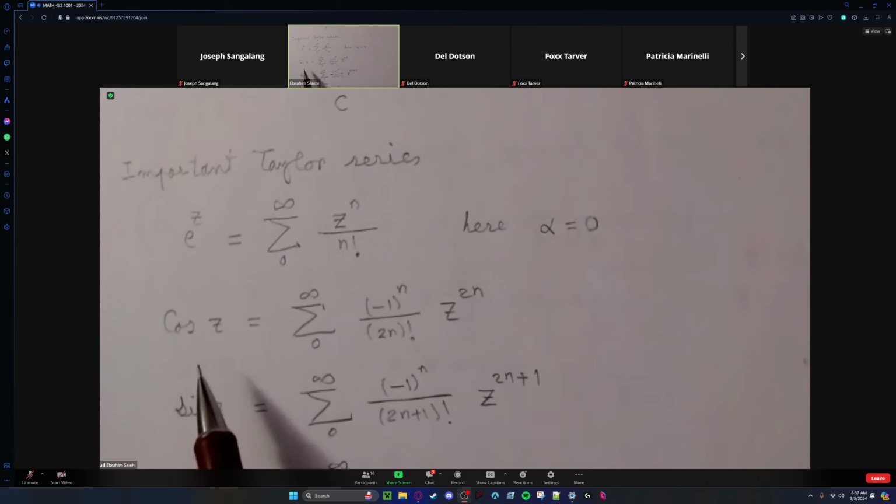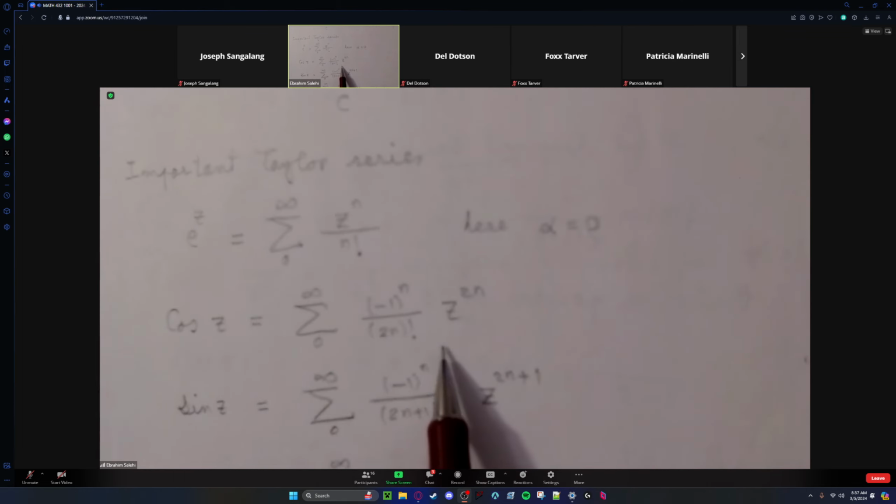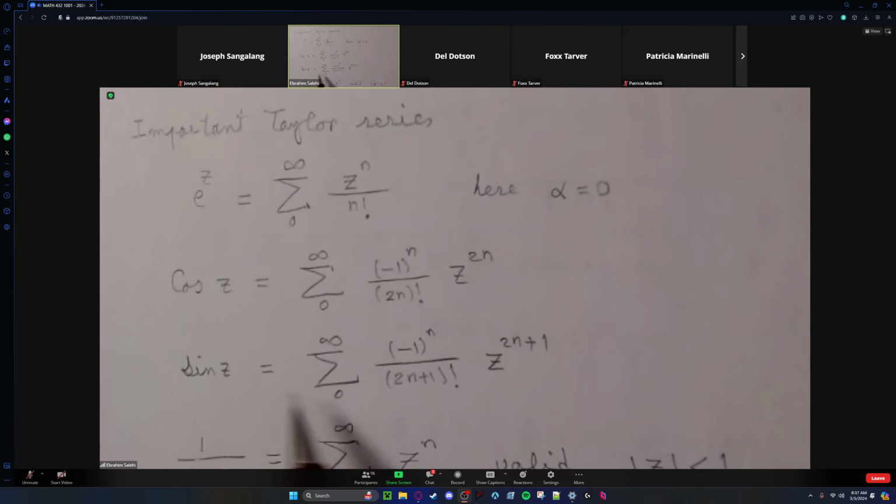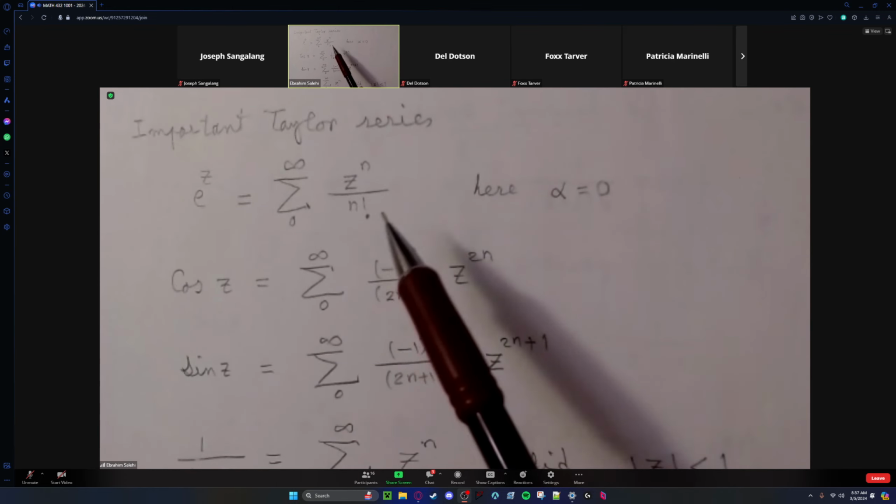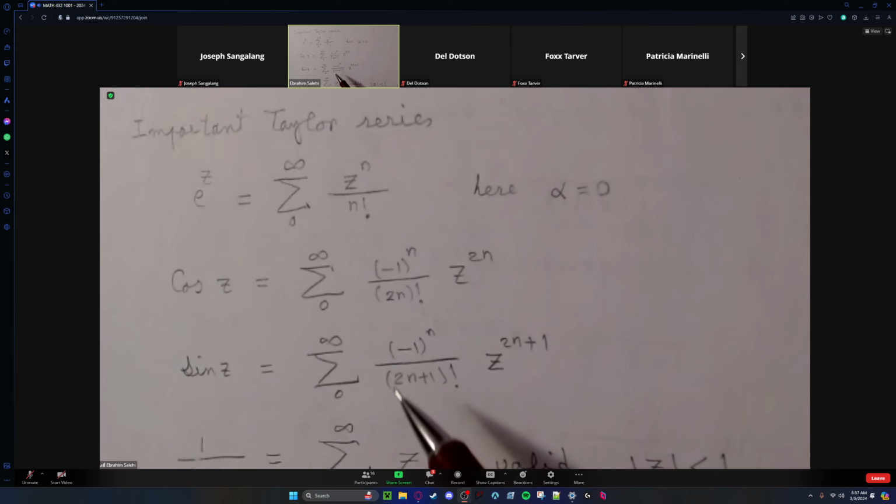Here is for cosine z. And here is for sine z. And these three are valid for all z's because the functions on the left, exponential function, sine z and cosine z, are entire functions. They have derivatives everywhere, all right?